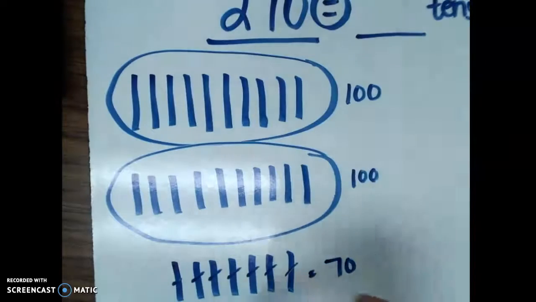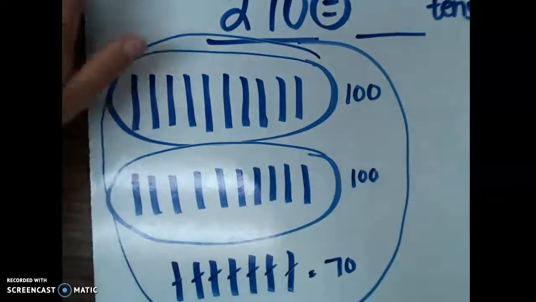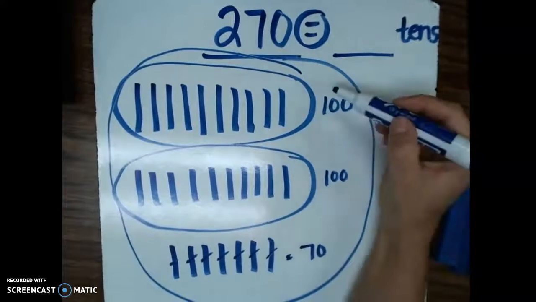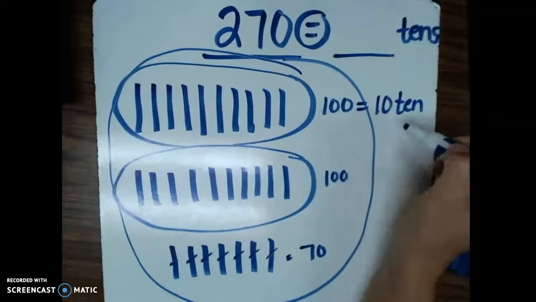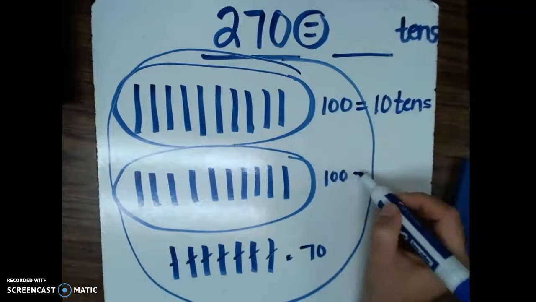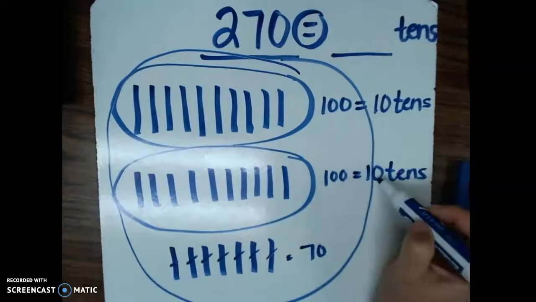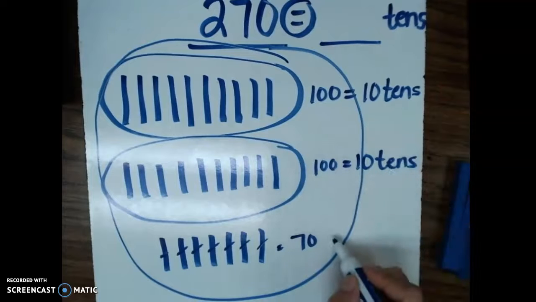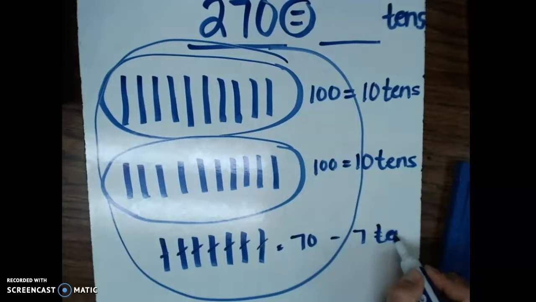Well, how many tens are there all together? That's a lot of tens. And I don't have to sit here and count because I already know that 10 tens equals 100. And then 10 more tens equals 100. So I know 10 plus 10 is 20. And I know that there is 7 right here. 7 tens.